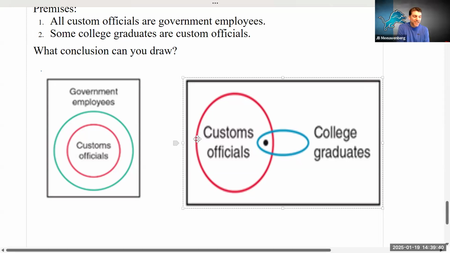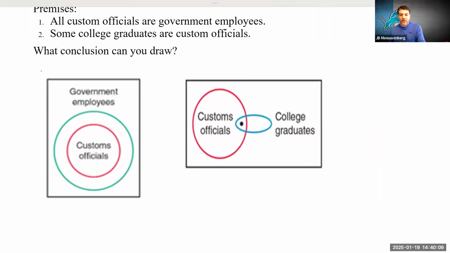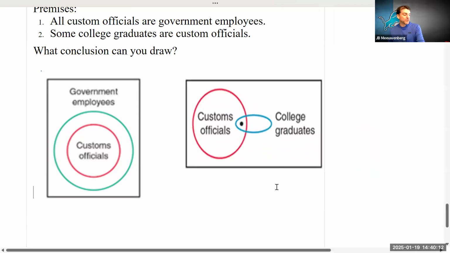College graduates is not a subset of customs officials, but we know that there's at least one college graduate who is also a customs official. So we would represent that with a Venn diagram like this. You've got two overlapping circles, and you've got at least one dot in that intersection point. Now, if we merge these two together, what we'll end up with is a diagram that looks like this.